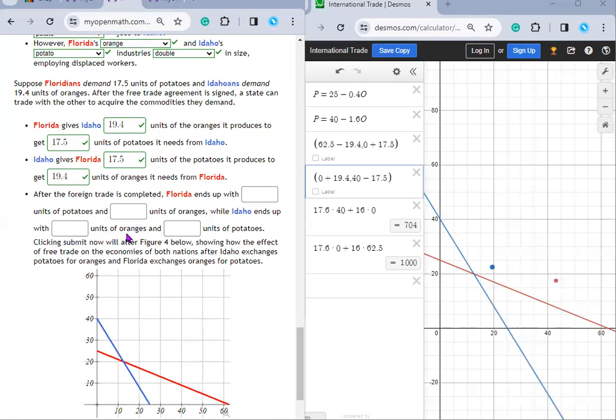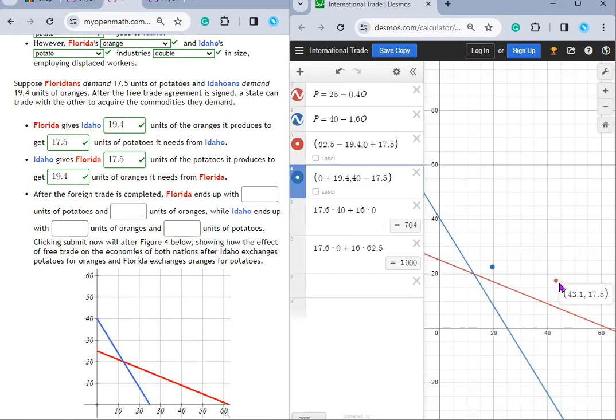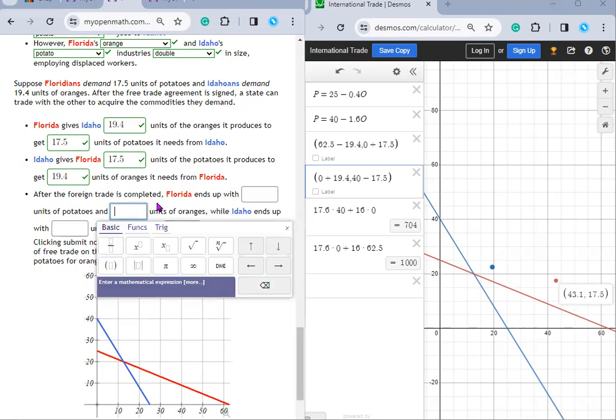After the free trade is completed, Florida ends up with what? So notice that Florida is out here, right? Florida's GDP after the trades occur is beyond its production possibility frontier. Florida ends up with 43.1 oranges and it ends up with 17.5 potatoes.